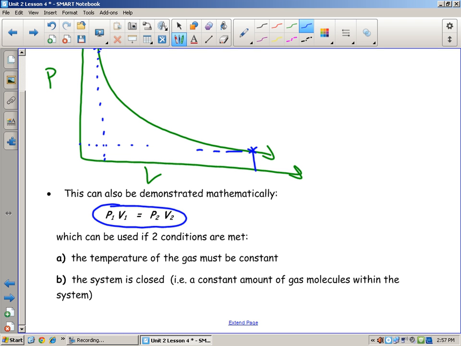Remember, if we talk about Boyle's law, temperature is remaining constant. The temperature of the gas has to be constant. We could use this formula, P1V1 equals P2V2. And the system has to be closed. In other words, you can't let any of the gas escape. If you did, that's probably kind of a little bit of a problem.